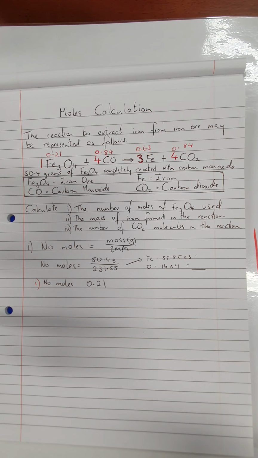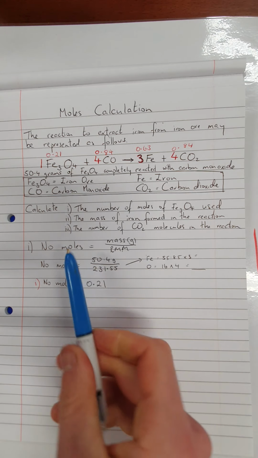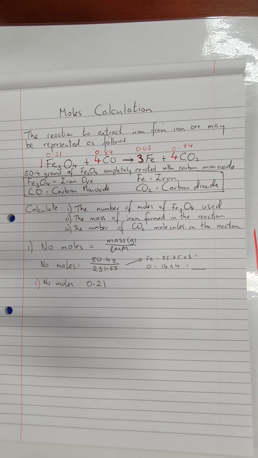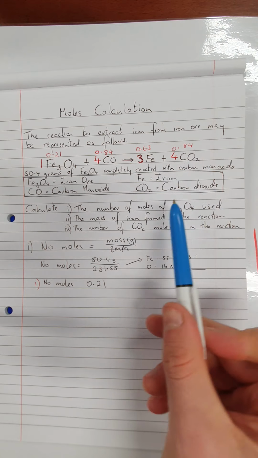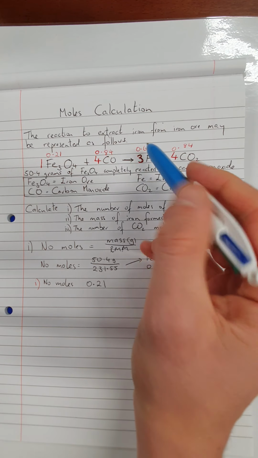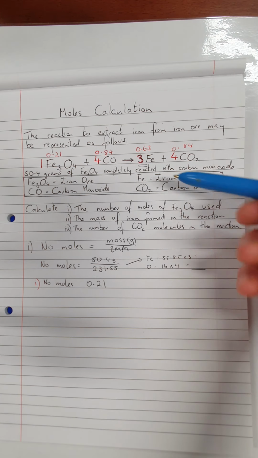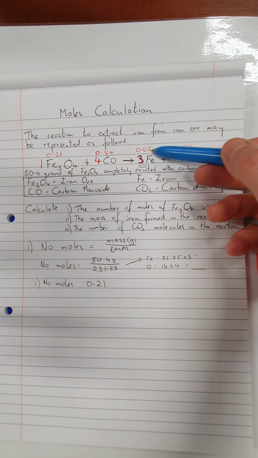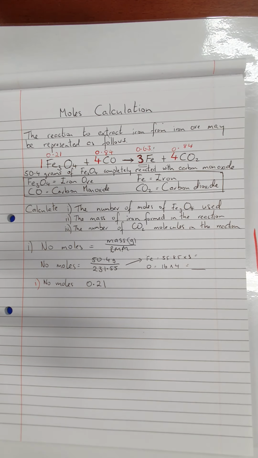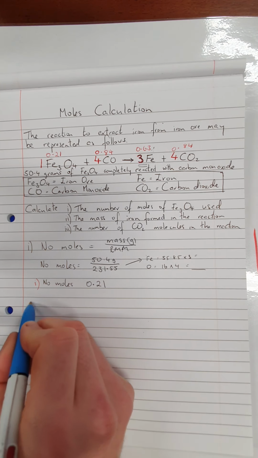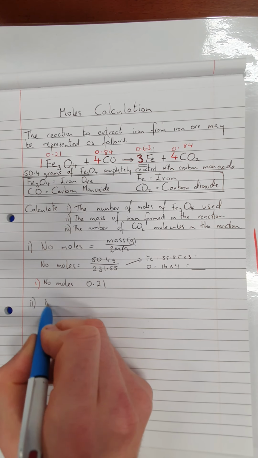Part 2, just to read it here again, is the mass of iron formed in the reaction. So I need to find iron, which is this thing. So I need to find how many grams of it I formed. Now, do I know? The answer is no, but what I have solved is that I have 0.63 moles of it. So to solve part 2, I'm going to have to use the formula again.